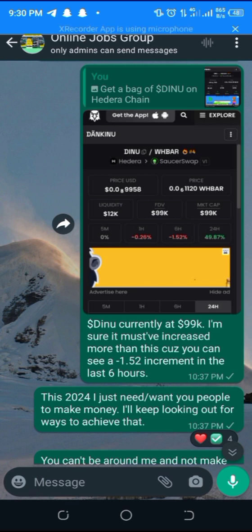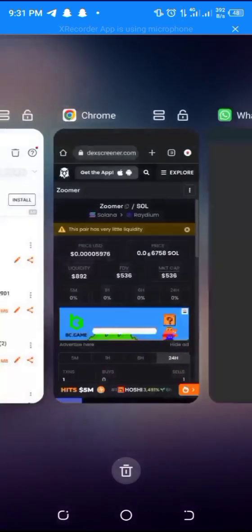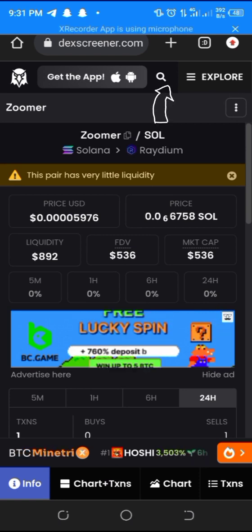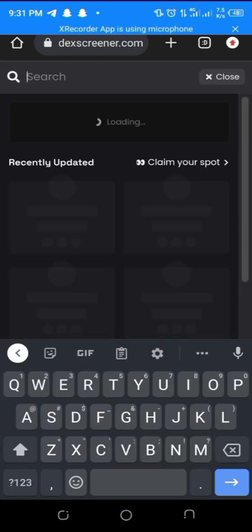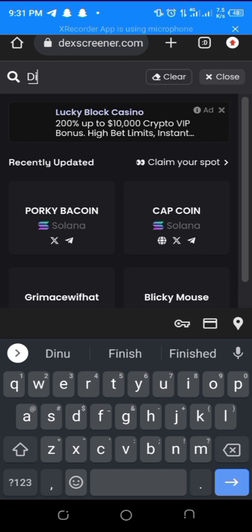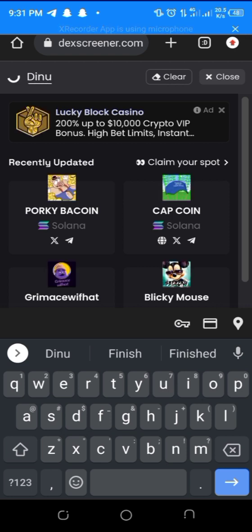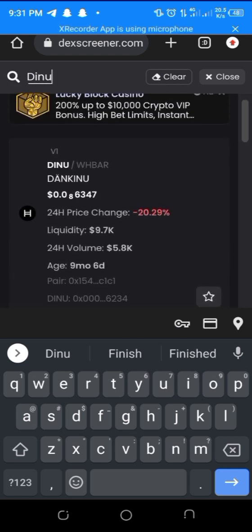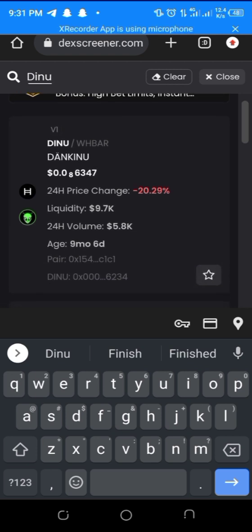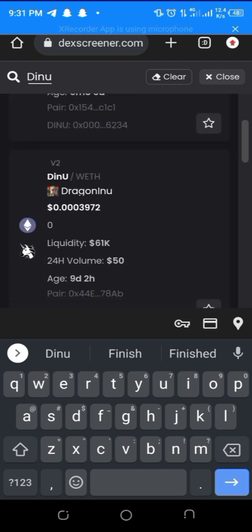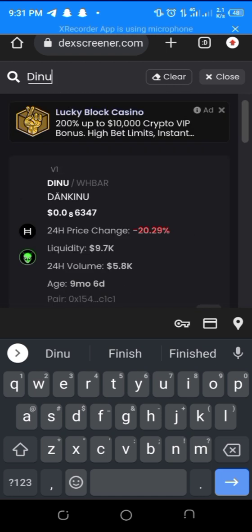Now I did not drop the contract address, I only dropped the name. So let's say you want to get the contract address of this one. You come to this Dexscreener and click on the search button. Now there can be several Dinos, right? But once you type the name, as you can see, it's bringing several Dinos here. And DINO, mind you, is like an acronym.